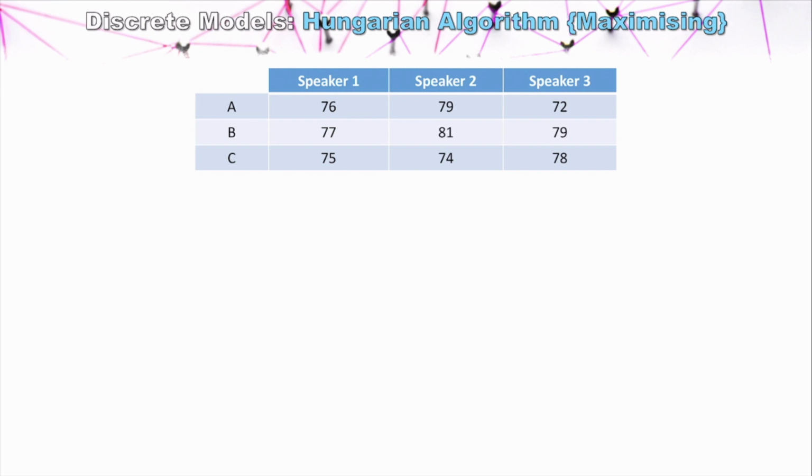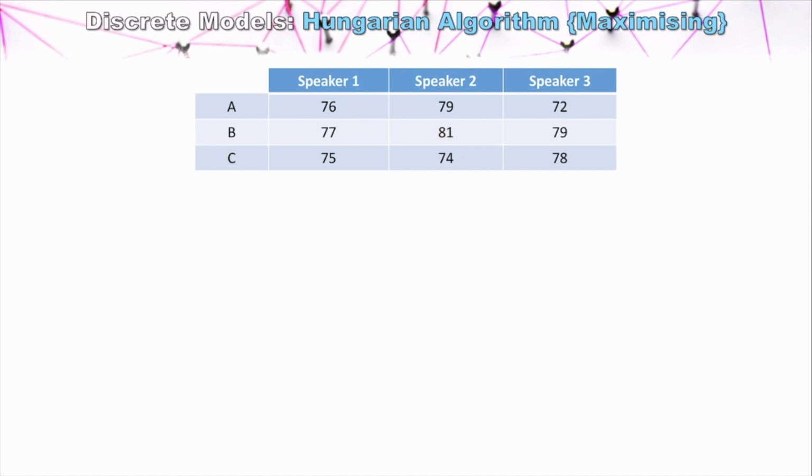Now, the Hungarian algorithm can't find maximums on its own. It's a minimizing algorithm. So what we have to do is think about this problem a little bit differently, in that we've got to change it to a minimizing problem. So what we do is we look for the largest number in here. No matter what, our largest score that we could achieve is 81 from person B if they went second speaker.